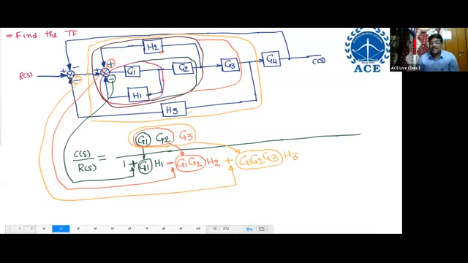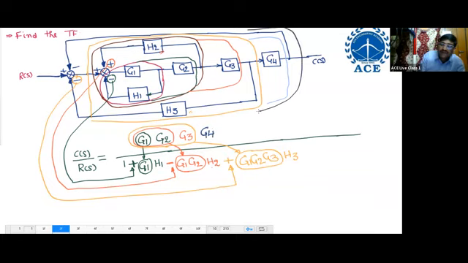Again, all these blocks are in series with G4. This block is in series with G4, that means here G4. Then what happened? Again, it is having a unity feedback.